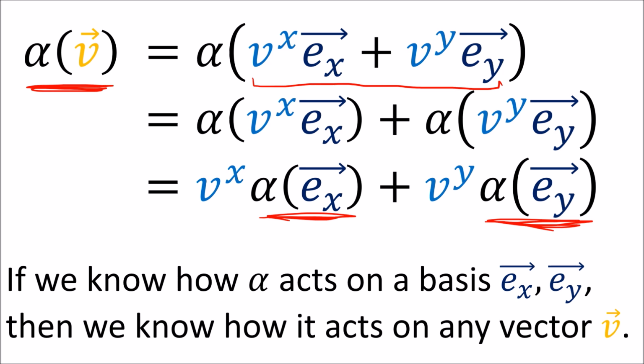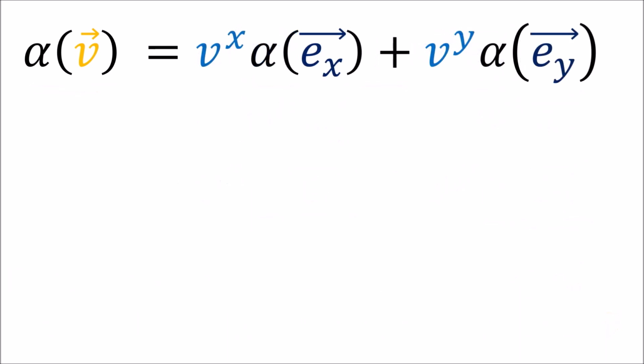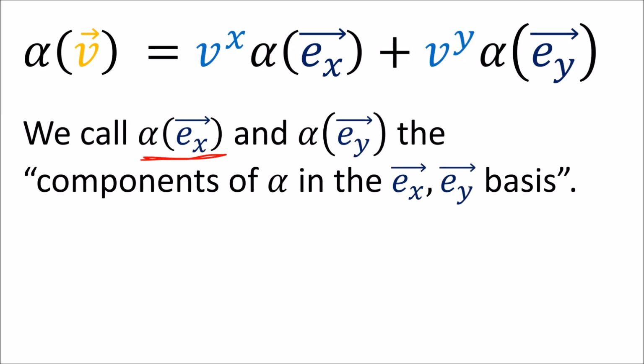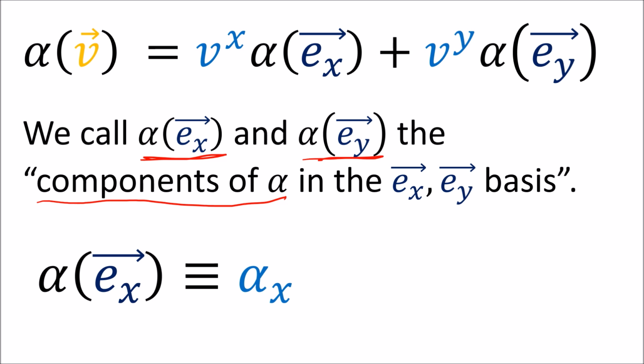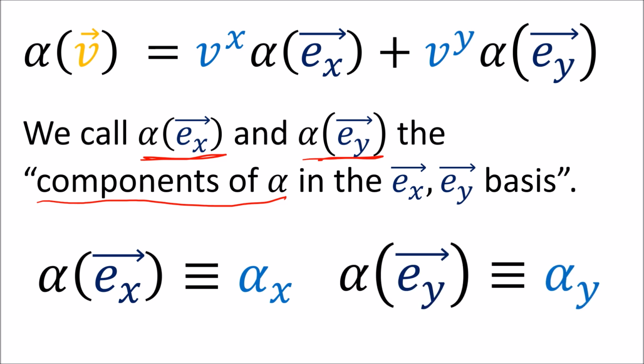If we know how alpha acts on a basis ex, ey, then we know how it acts on any vector v. We call alpha of ex and alpha of ey the components of alpha in the ex, ey basis, and we write them as alpha x and alpha y with subscripts.